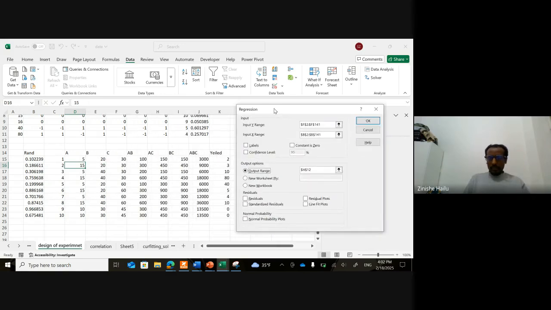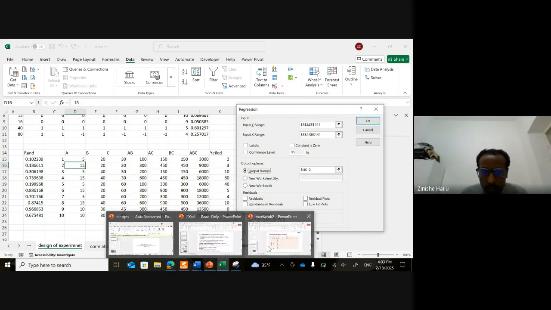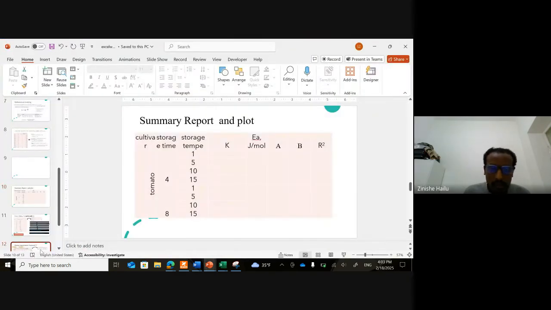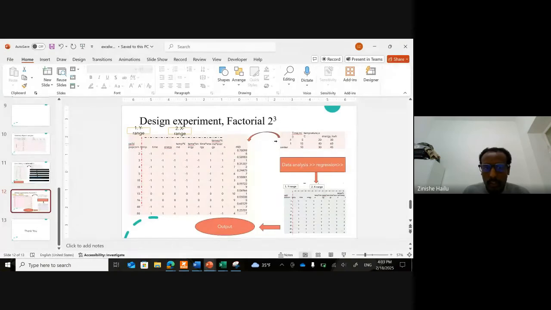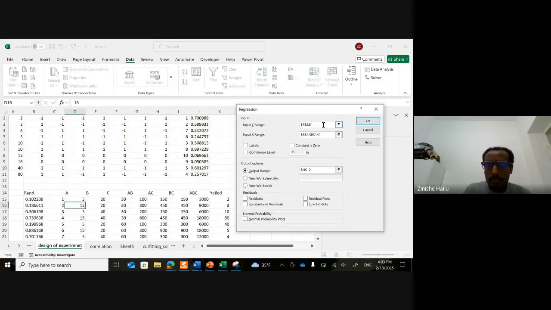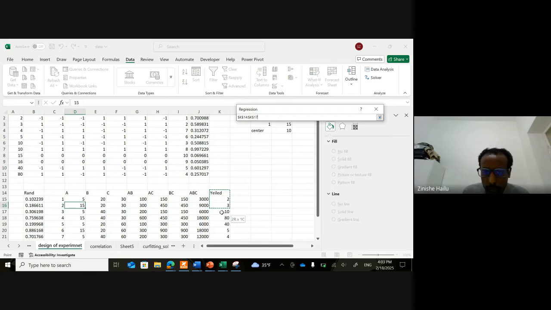Now I have to select this part. I will show you like the PPT. First, we have to select the Y range. The Y range is this, the output, the yield that needs to be optimized.